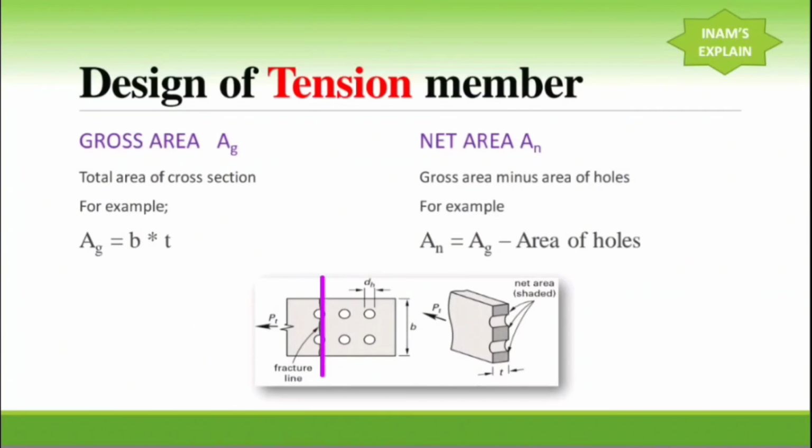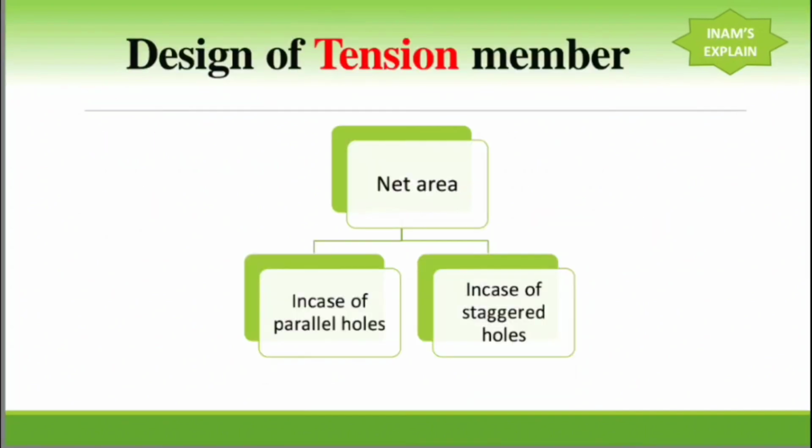Two holes occur, so we multiply the area of a hole by 2. Since we have 2 holes, we multiply the area of a hole by the number of holes, then subtract it from the gross area to get the net area of the cross section. For net area we have 2 conditions: parallel holes or staggered holes.